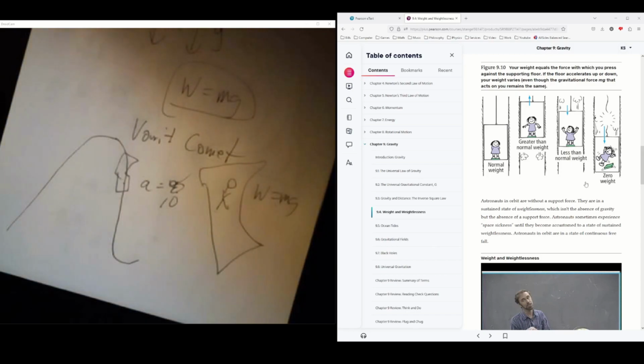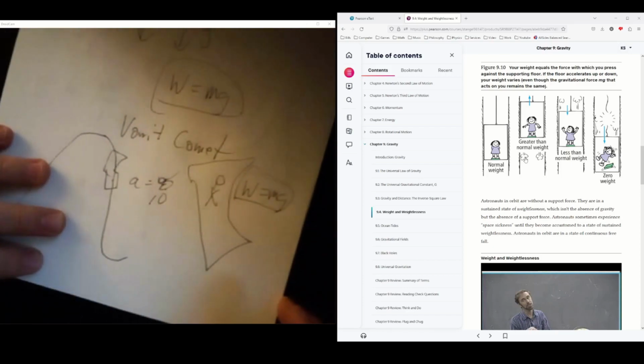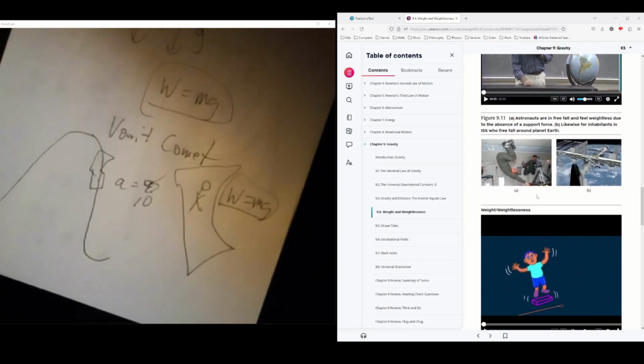It's just an illusion that you don't have weight because you can't touch a floor anymore. There's no normal force anymore, and so there's no scale to read your weight. You do feel weightless because you're floating around, but technically you still have weight. What you've lost is the normal force that you get when you contact the surface.